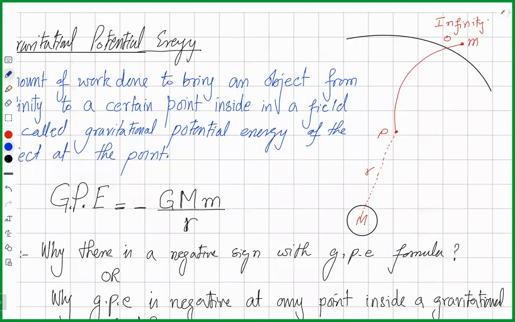For example, if you bring a positive charge close to another positive charge, they repel, and that is natural. If you bring a positive charge close to a negative charge, they attract. If you compress a spring, it naturally tries to expand back to the original position. And if you stretch a spring, it wants to contract back to the equilibrium position.